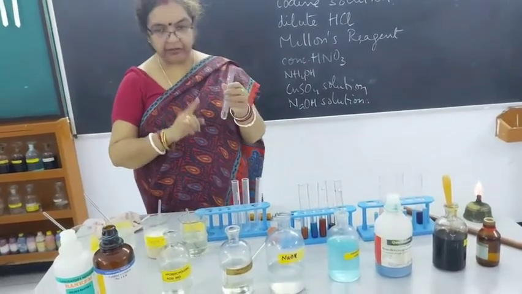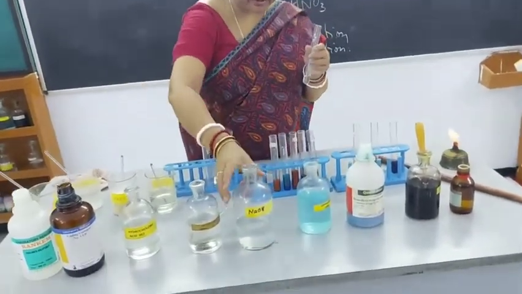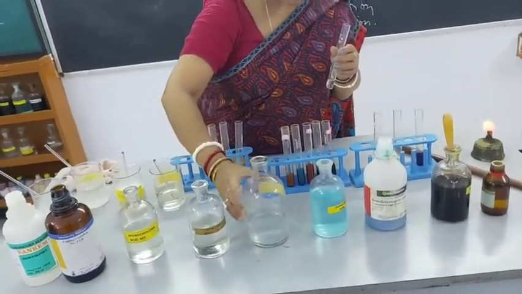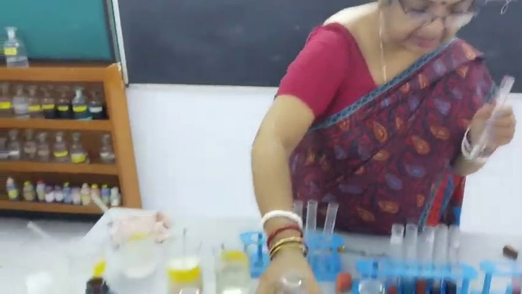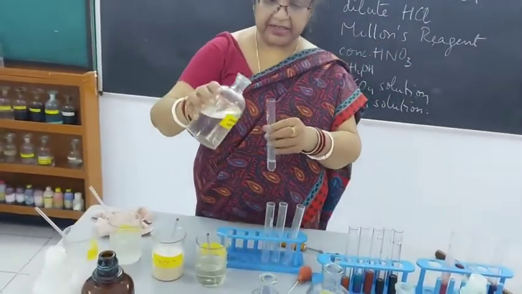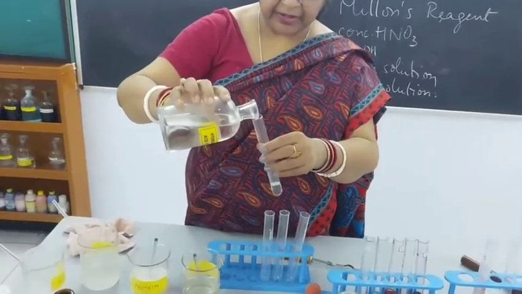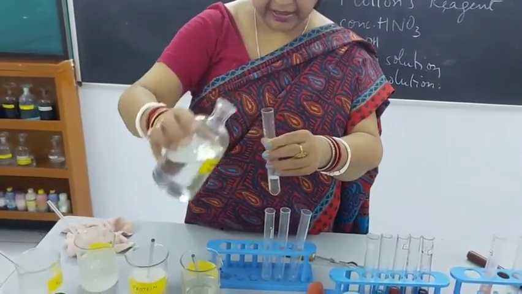So first we have to hydrolyze it or break the bond, that is the glycosidic bond. For that we will be using the HCl, hydrochloric acid. We will add a little bit of hydrochloric acid and then we will heat this.